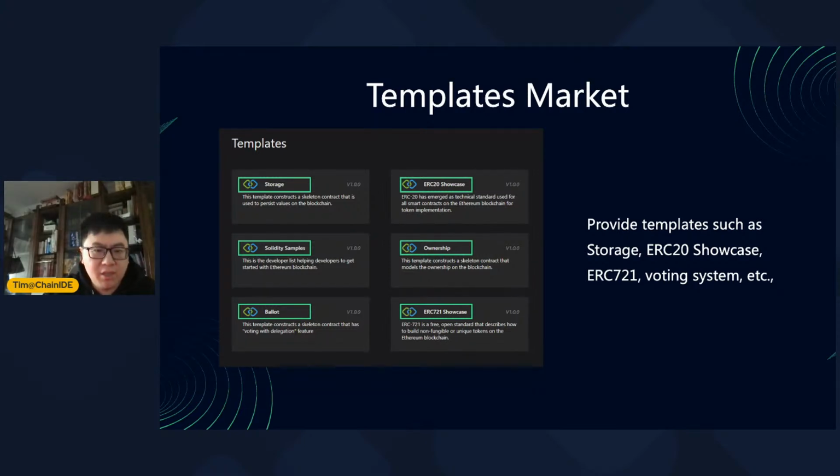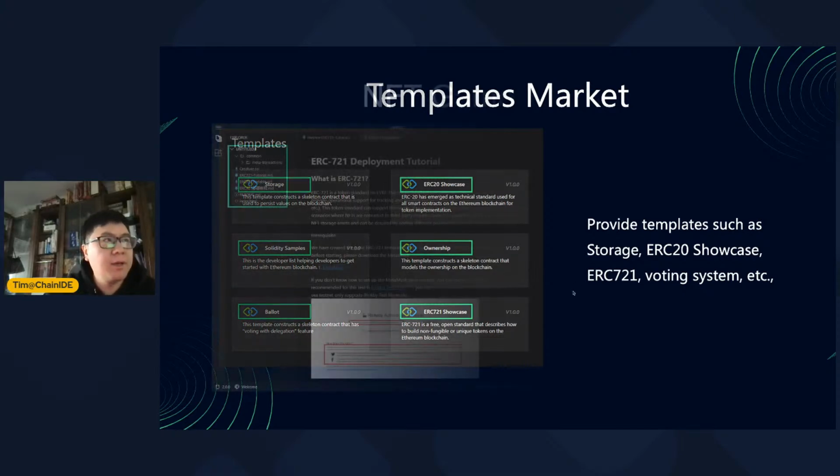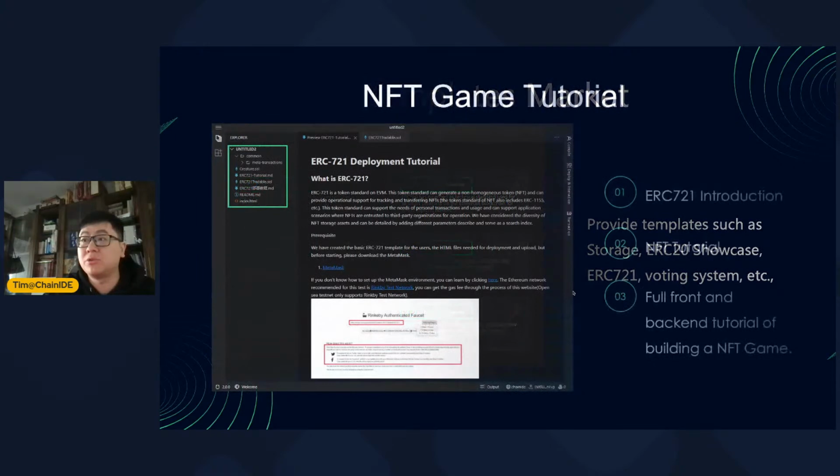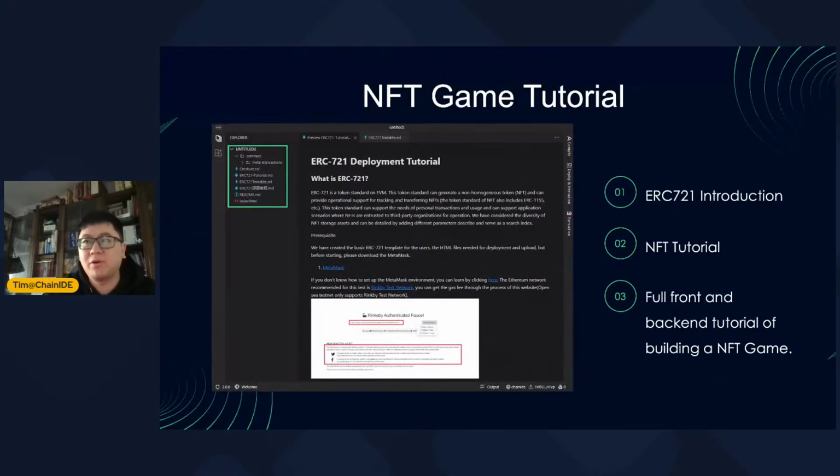And later on, I will showcase a BSC-specific full stack template and show you how to do this development in ChainIDE. We also have an NFT game tutorial. This is just an example of how we start to develop an NFT-based application.